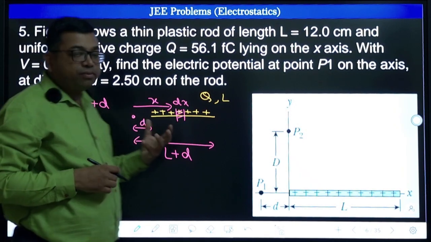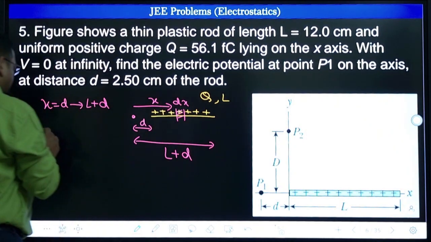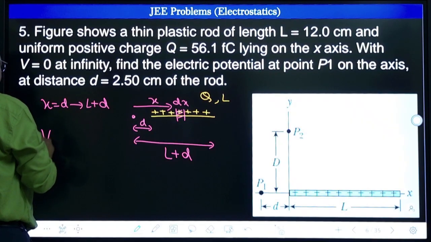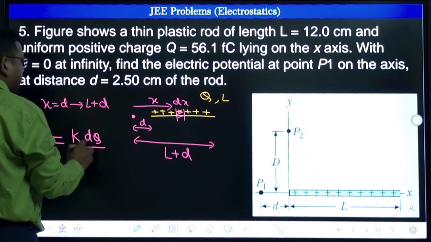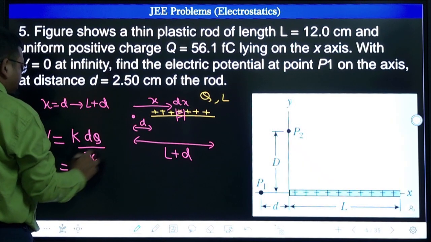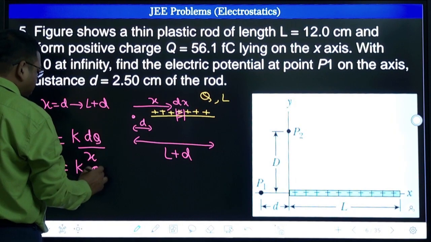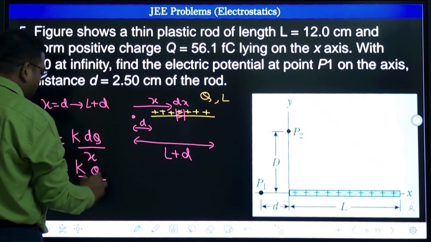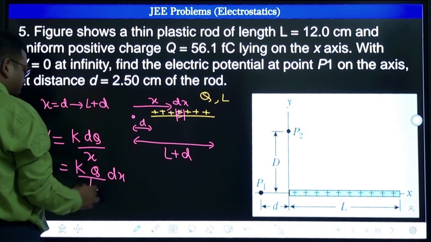Now let us first calculate the potential due to this small point charge. So the potential dV can be written as k dq by x, and this dq can be written as lambda, meaning charge per unit length, into the length dx. So dV is k lambda dx divided by x.